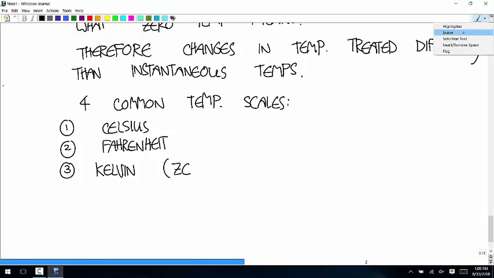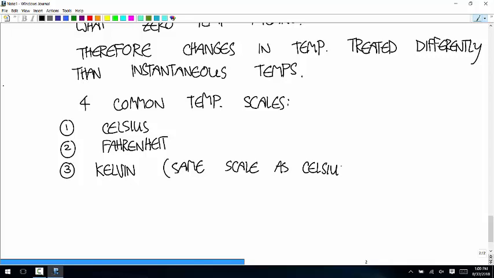So this is the same scale as Celsius, but zero is at absolute zero.